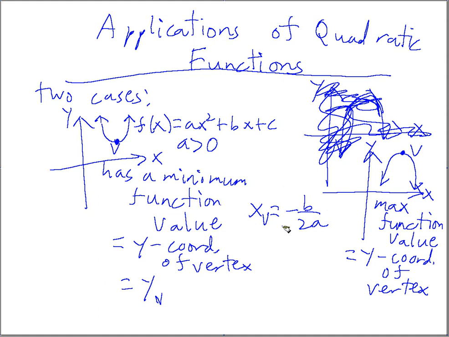So just plug in this number to get the y-coordinate of the vertex, or the minimum or the maximum, depending on which one you're dealing with. In other words, the y-coordinate is going to be f of x sub v, or f of negative b over 2a, that formula we had earlier. So let's go ahead and try that. Let me clear up the screen.